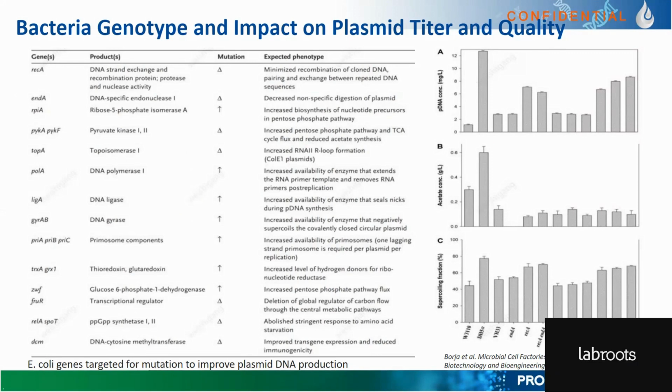Understanding the genotypes of E. coli and their associated phenotypes can aid in identifying an ideal strain. Ultimately, this will lead to a significant improvement in the plasmid manufacturing process. Gene knock-in and knockout methods can be employed to modify those strains to meet specific process requirements during our development stage.